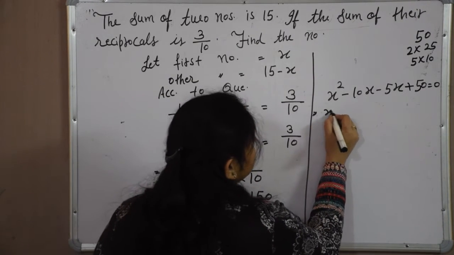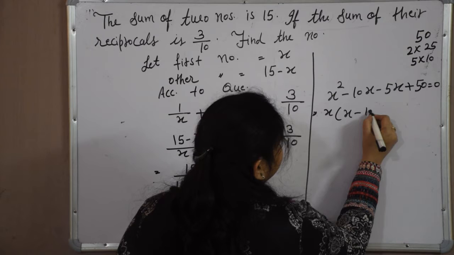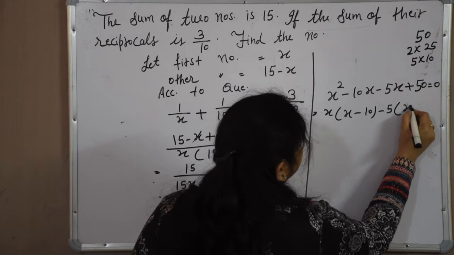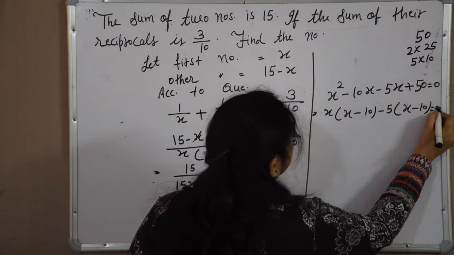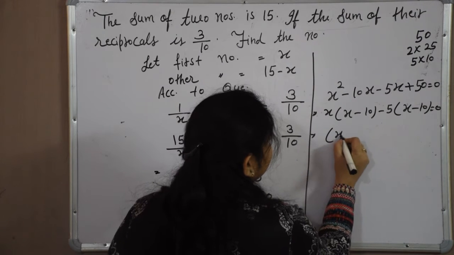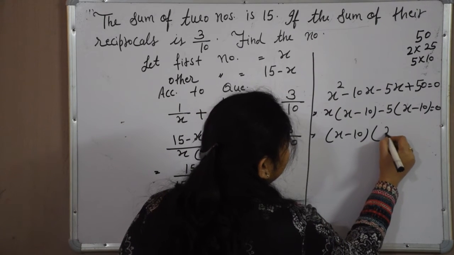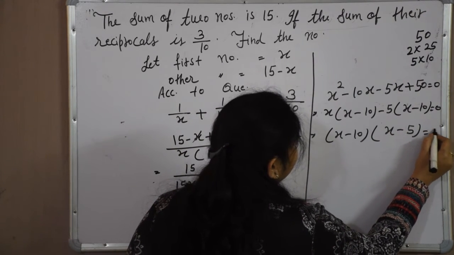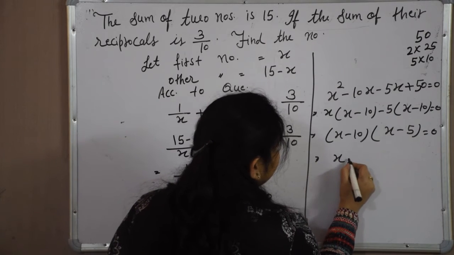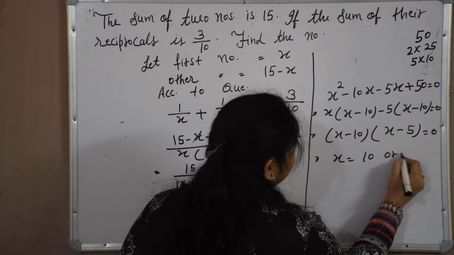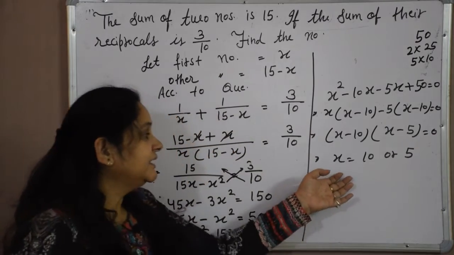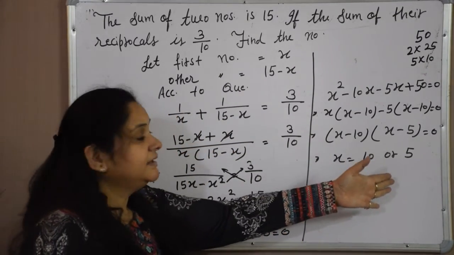Now x common, x minus 10, minus 5 common, x minus 10 equals 0. This implies x minus 10 is common throughout, and we are left with x minus 5 equal to 0. This implies x is equal to 10 or 5. We have x is equal to 10 or 5.